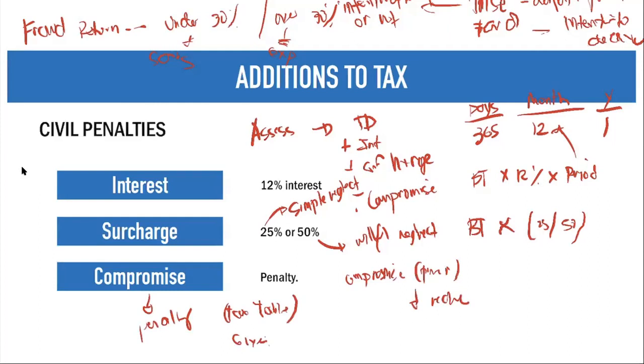There are so many entries, you really cannot memorize it. That's why the amount of the compromise penalty should always be given. So additions to tax, in your assessment, aside from your tax due, we also have your interest and your surcharge.